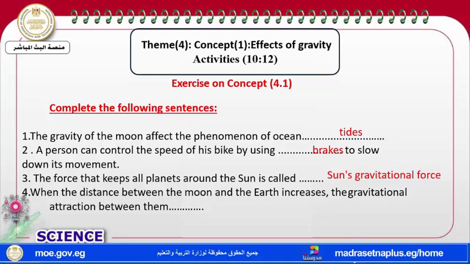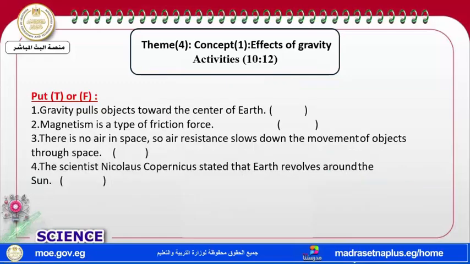When the distance between the moon and the earth increases, the gravitational attraction force will decrease. But when the mass increases, the gravitational attraction force will increase. So it's directly related to the mass and opposite to the distance.